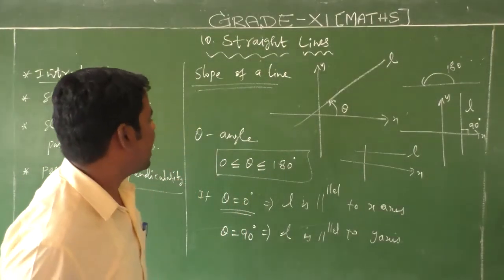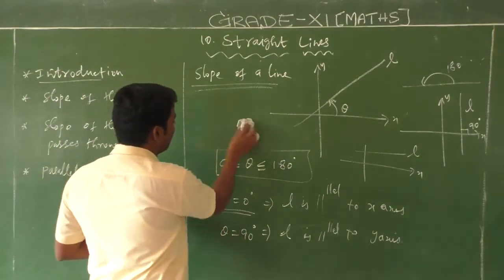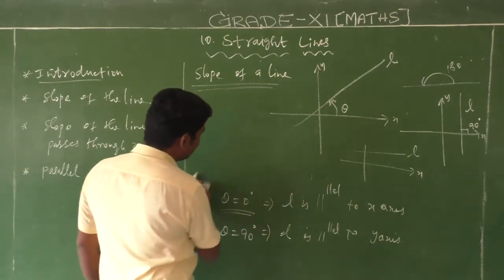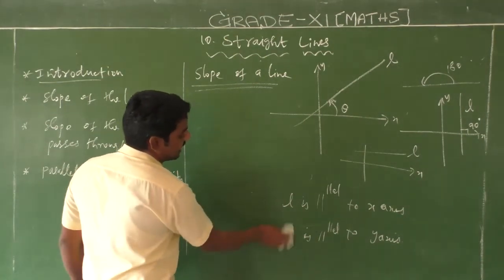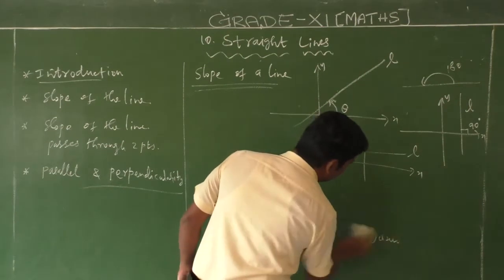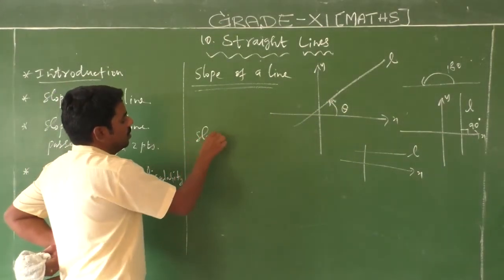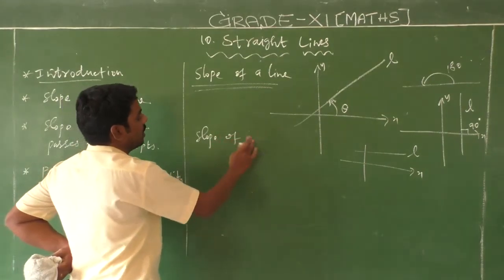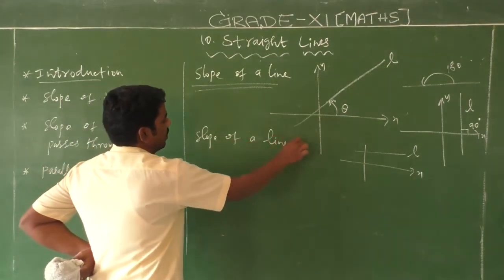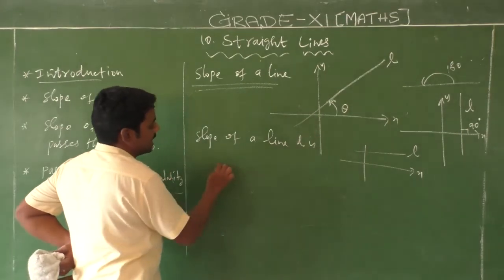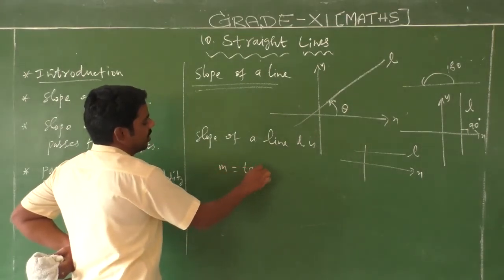The slope of a line, right? The slope of a line L is tan theta. The slope of the line L is m equal to tan theta.